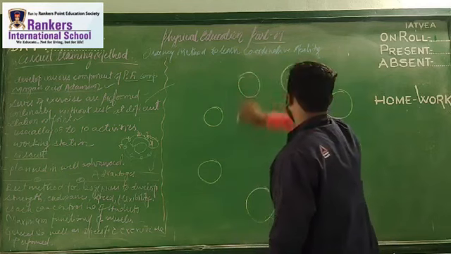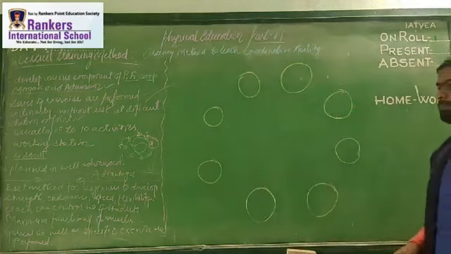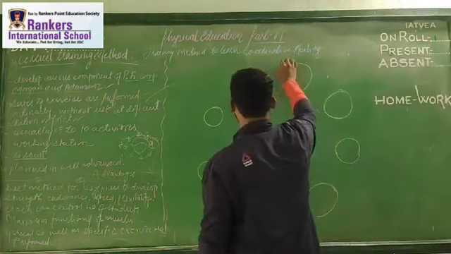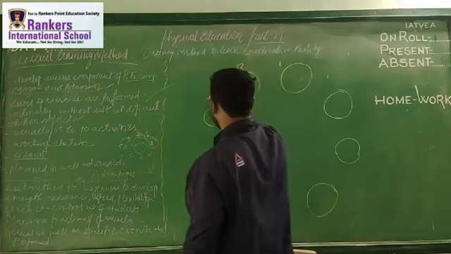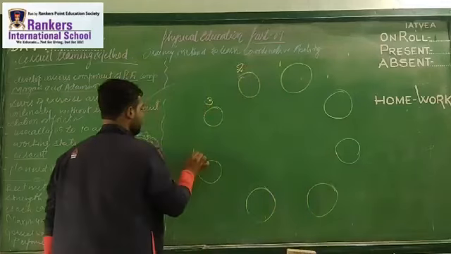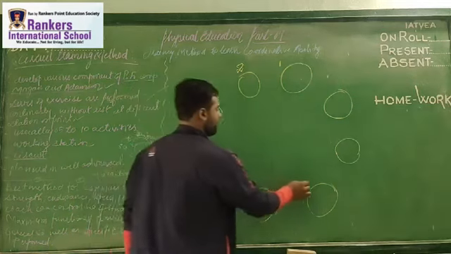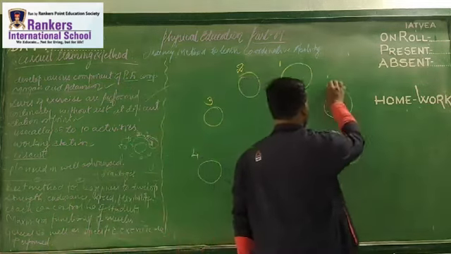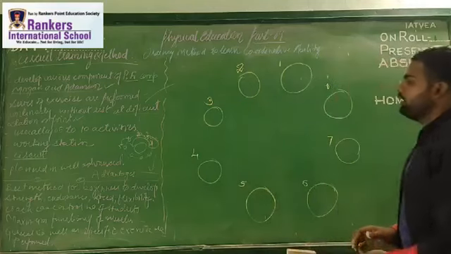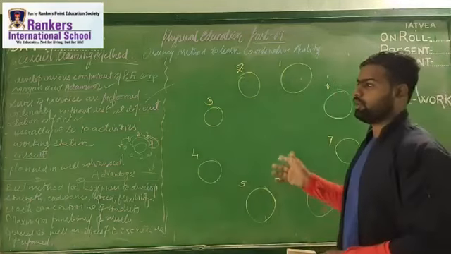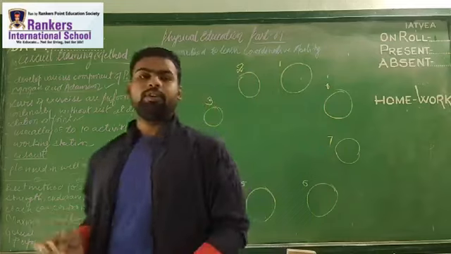So this is the circuit I have made: circuit number 1, circuit number 2, working station 3, working station 4, and so on up to 8. There should be around 5 to 10 exercises. So we have taken 8 exercises, let's say.